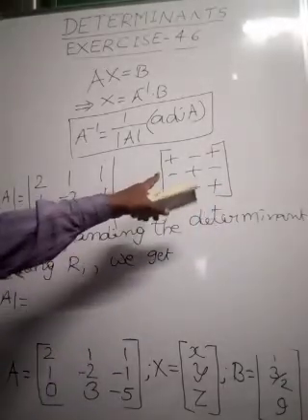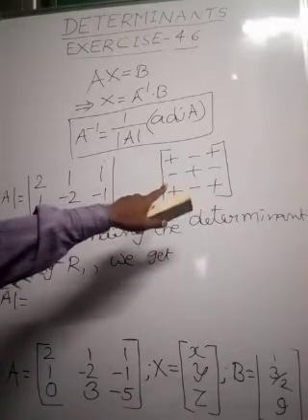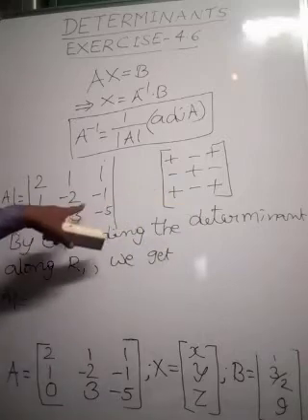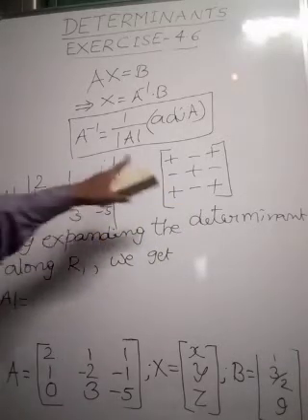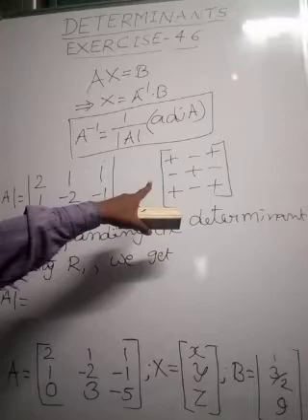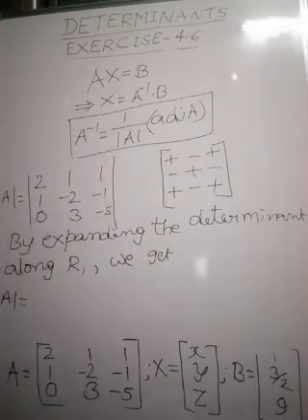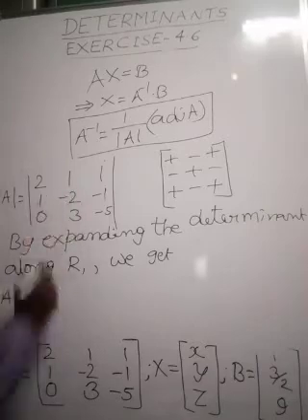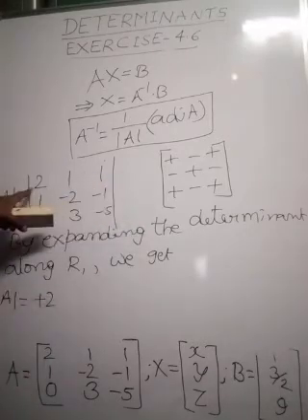This is called the sign matrix. This is very important. It will help in finding the determinant of a matrix as well as in finding the adjoint of a matrix. What is the first sign? First sign plus, 2 into.